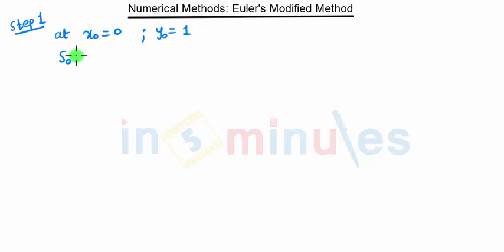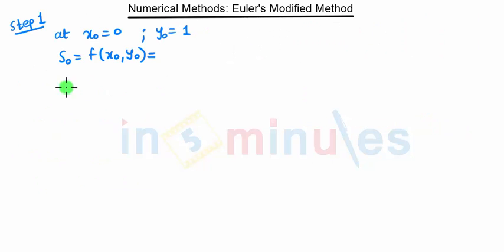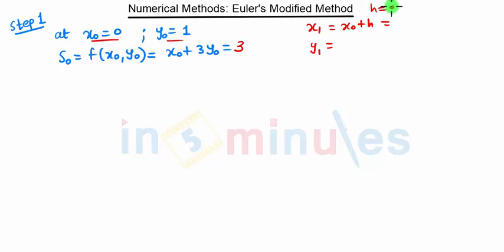Then we calculate s of 0, which is nothing but f of x0 comma y0. What is f of x comma y? f of x comma y is x plus 3y. Then f of x0 comma y0 will be x0 plus 3 times y0. If we substitute this value of x0 and y0 here, we will get s0 as 3. Then we calculate the value of x1 and y1. x1 is x0 plus h. x0 is 0, h is 0.05.